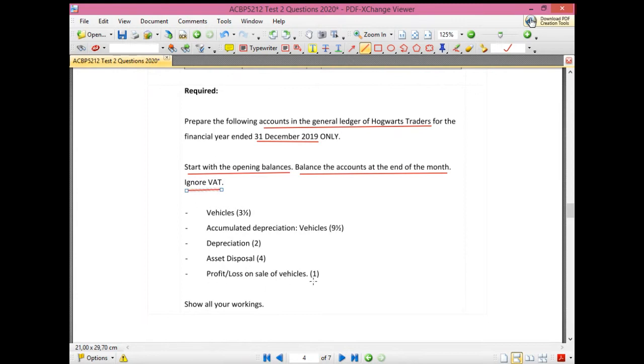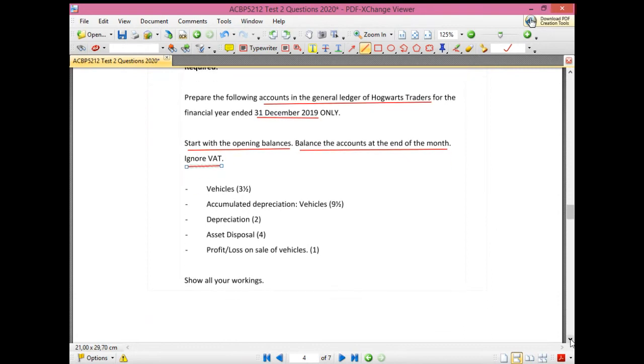A lot of the mark allocation goes to the asset disposal account and accumulated depreciation. The accumulated depreciation amount might be that large because there is generally more than one asset, the periods differ, and there could potentially also be different methods of depreciation that you need to apply. They also specifically tell you to show all your workings.